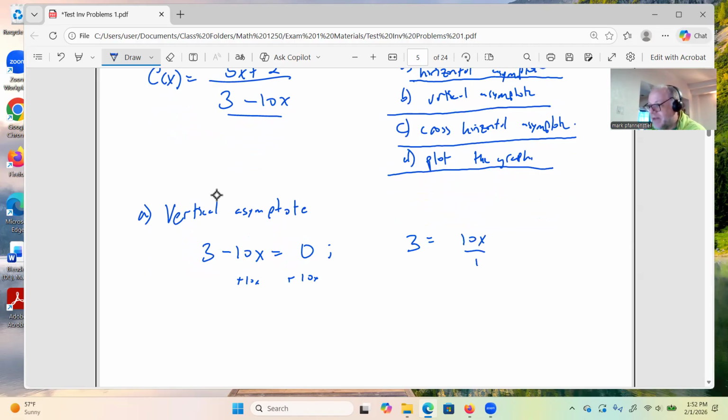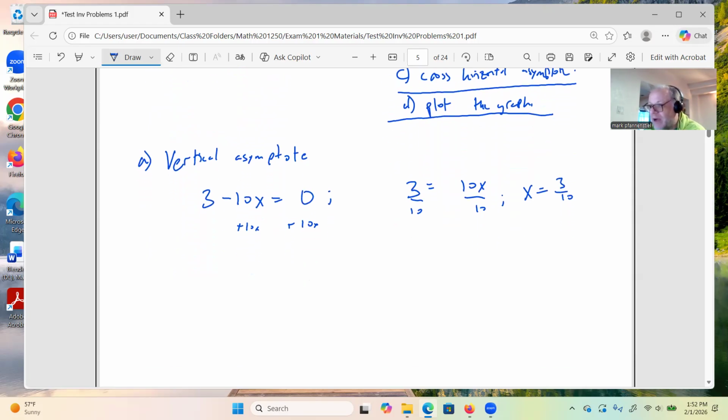Let's divide both sides by 10, and we'll have x equals 3 over 10. So we have a vertical asymptote at x equals 3 over 10. You can even say the line, that way you're not solving for something, it's a vertical line. That's what x equals 3 over 10 looks like.